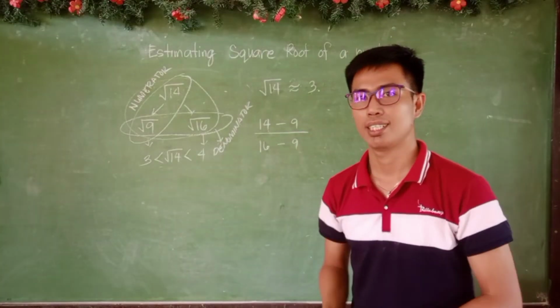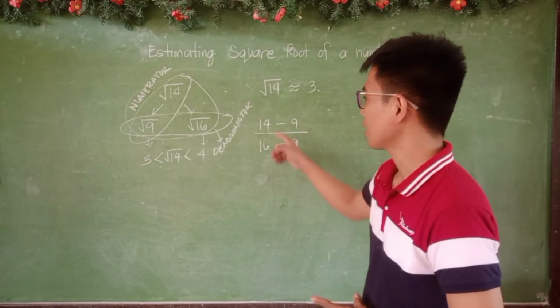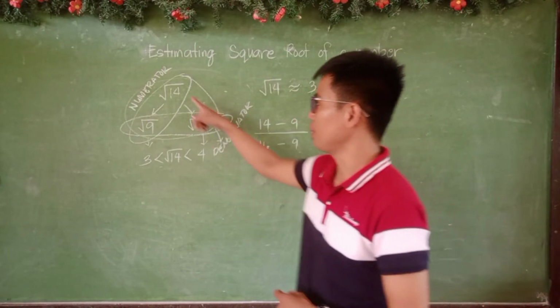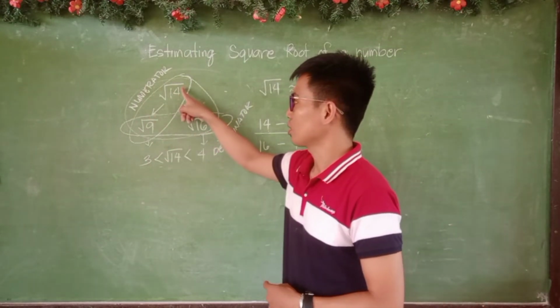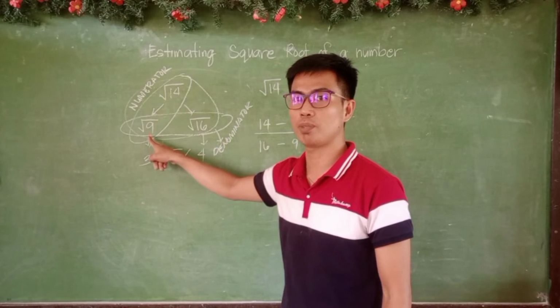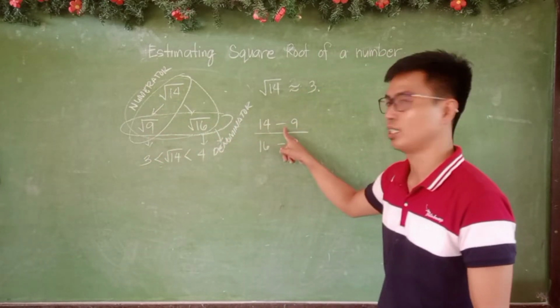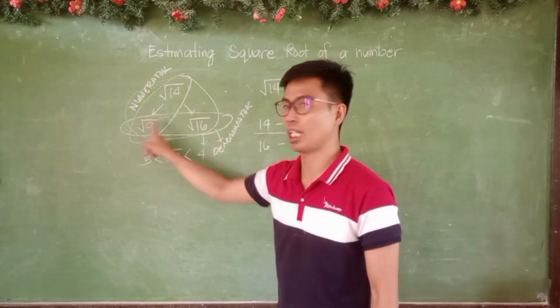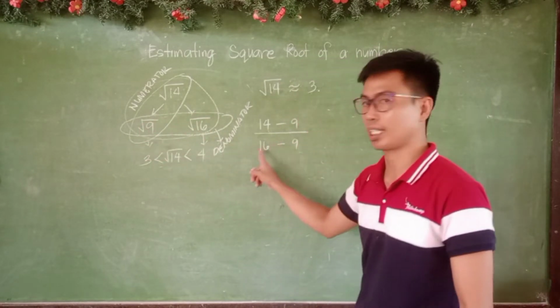So, that is the ratio. Tandaan, kapag kukuha tayo ng decimal value, gamitin natin yung tatlong number na nandito. Yung given number at yung lower perfect square number, yun yung sa numerator. And yung nasa baba, yung dalawang perfect square number, yun yung nakalagay sa denominator.